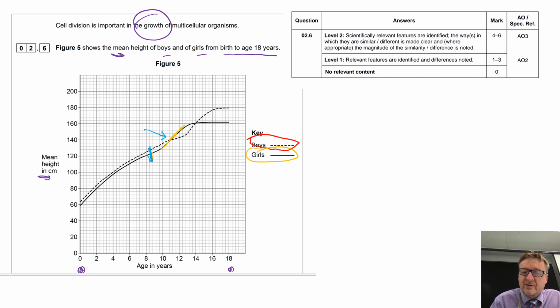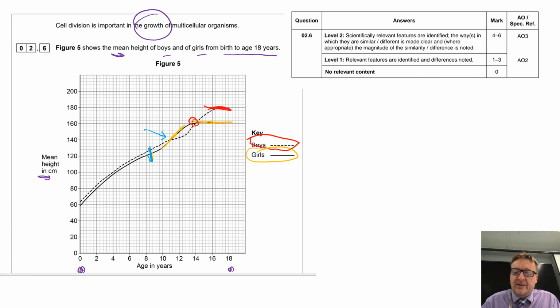Maybe that's important. Then the girls flatten out there. The boys cross over there, and the boys stop there. So there are lots of little places on there where there are changes on the graph that might make you think there's going to be something asked about.